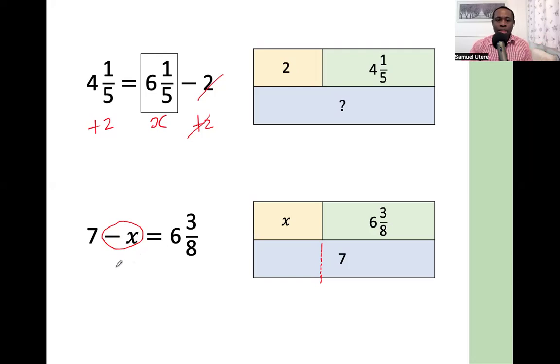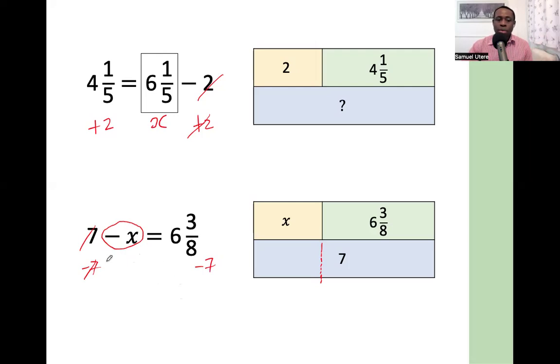If you think about it, we're going to have to subtract 7 from both sides, which makes things a little bit strange. We say, right, I actually need positive x, not negative x.